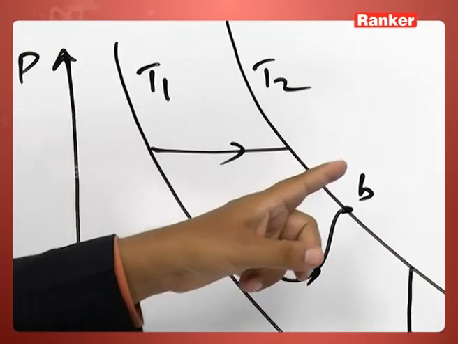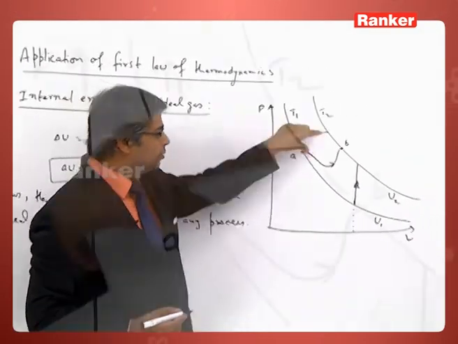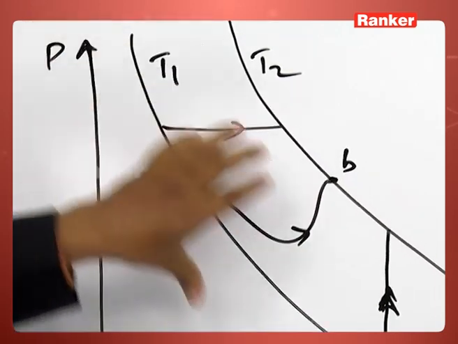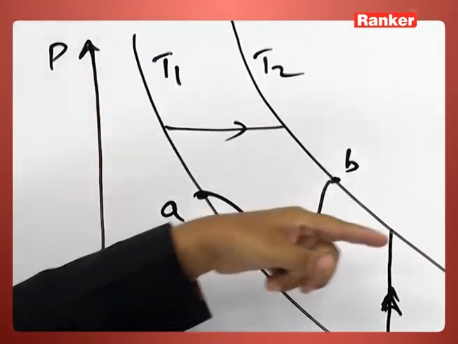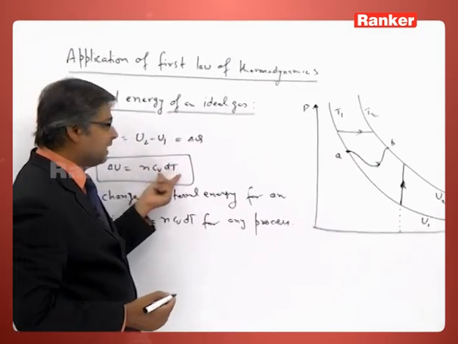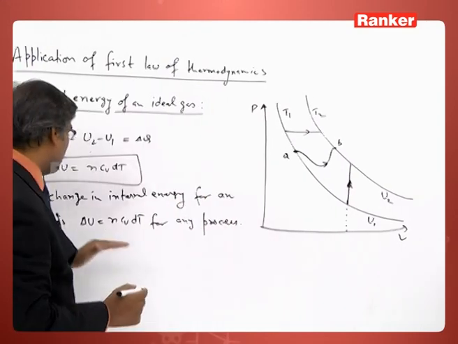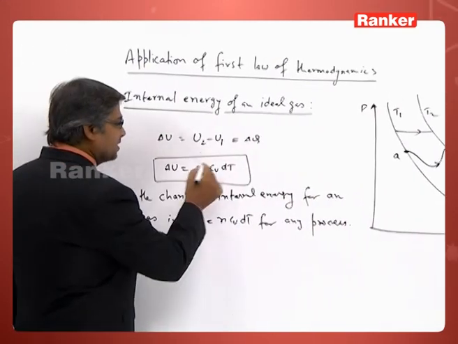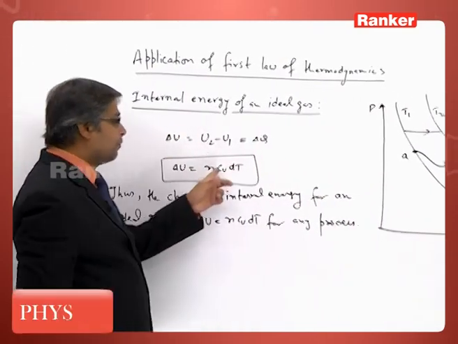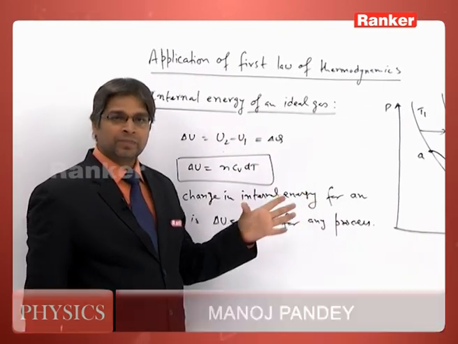Even if the process is isobaric, it is nCv dT, because delta U is the same for an ideal gas between any two isotherms. So a very important point: delta U is nCv dT not only for an isochoric process but for all processes.